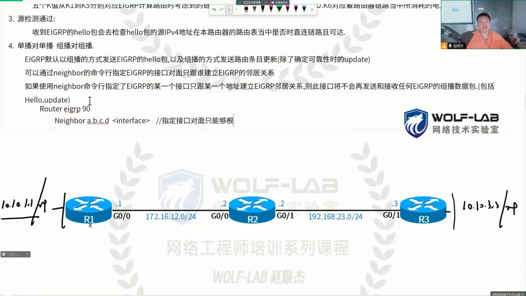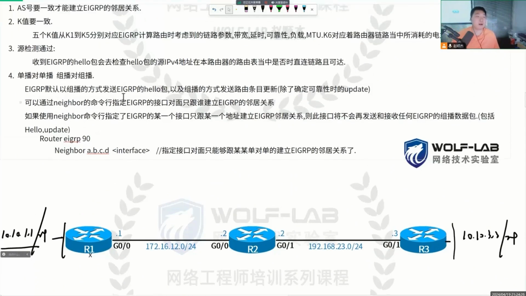This is EIGRP's one-to-one unicast to unicast, multicast to multicast. Any questions? We can establish multiple neighbors. It just limits our interface so that I can only establish neighbors through unicast.